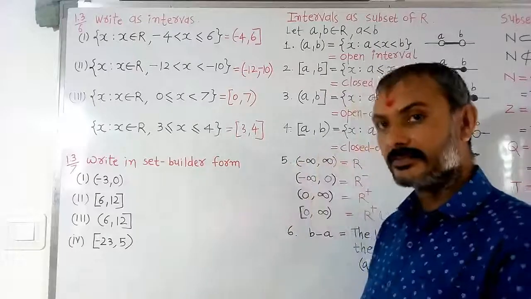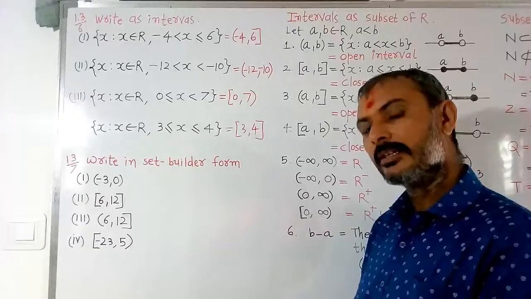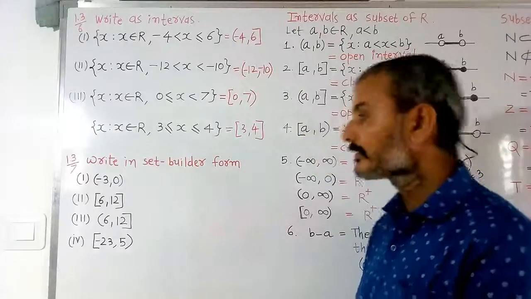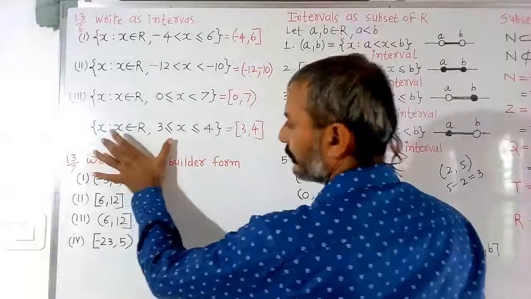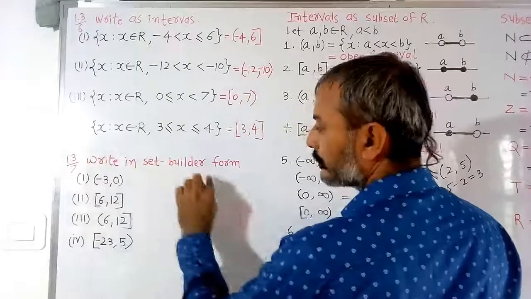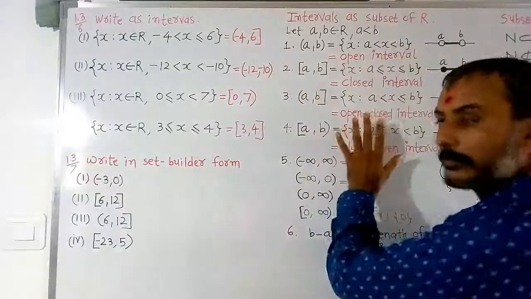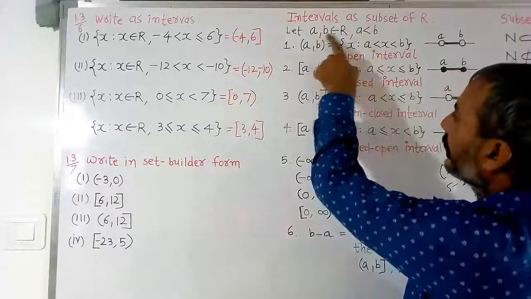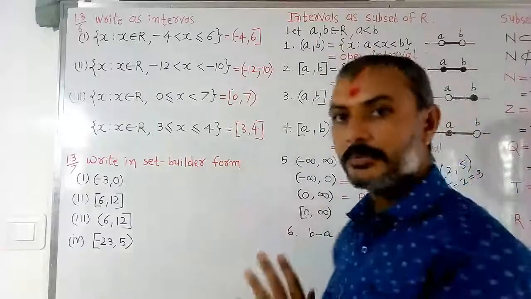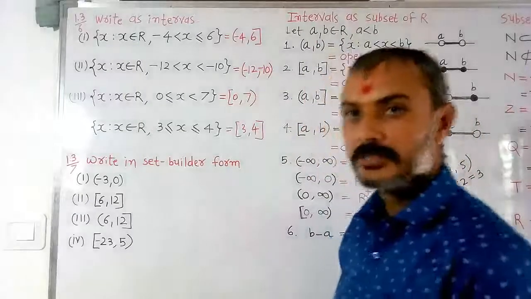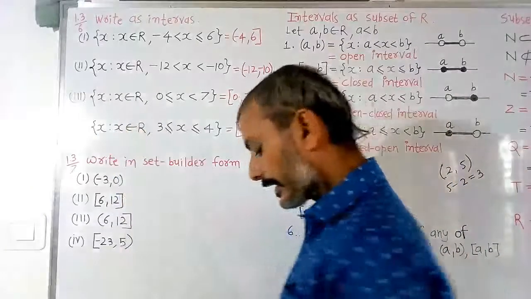You cannot imagine how many there are, because they contain infinite numbers. So when we go from interval form to set builder, we have to indicate x belongs to R. Here we do not indicate it because we write A and B belongs to R separately. That's why we do not write it in the theory part. But when we write in questions, we have to write the answer in the form x belongs to R like that.